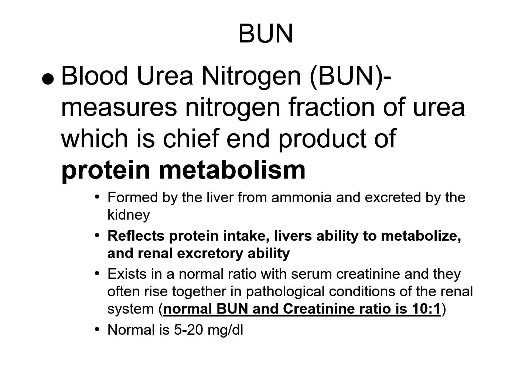We always do a BUN and creatinine, but remember that BUN can be related to bleeding, liver failure, all kinds of things. But the BUN and creatinine ratio is normally 10 to 1. So you may see that calculated. The normal is 5 to 20.